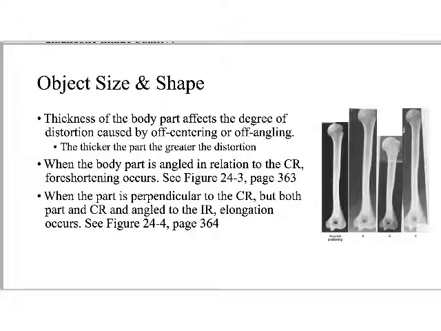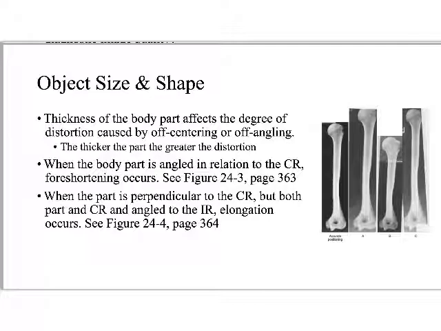When the part is perpendicular to the central ray, right, but both the part and the central ray are angled in relationship to the image receptor, we have elongation, right? And this is illustrated in our textbook on page 364, figure 24-4, right? So what I'm saying is the central ray and the part are aligned.